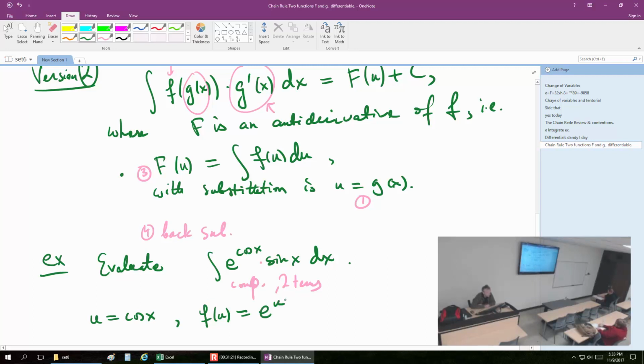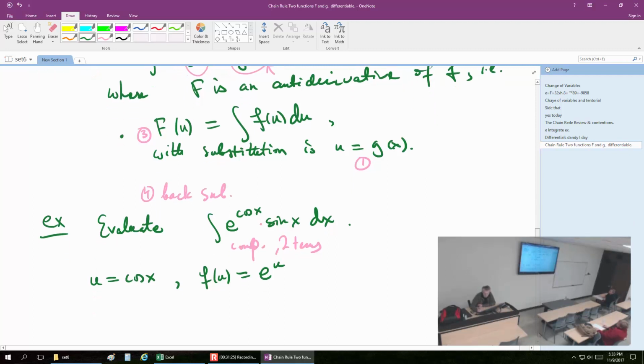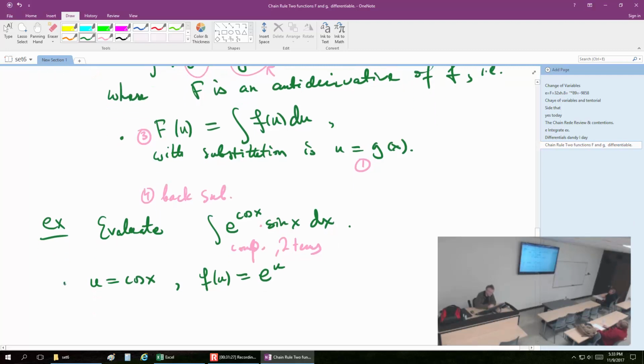So that is almost the whole thing. The premise is here, so that's the starting point. We'll find out quickly whether it works or not by starting with the substitutions. These are the two assumptions: we identify u and we identify f. That's enough. We are going to need the derivative of the first and the antiderivative of the second.